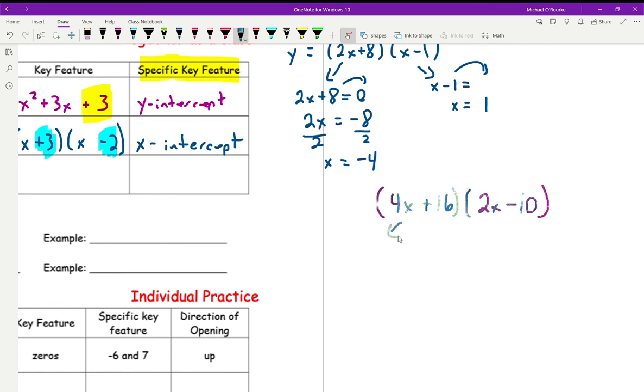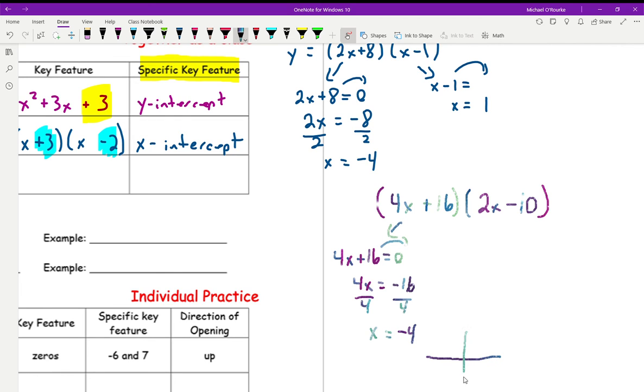So we separate this off. We go 4x plus 16 equals 0. Move it over. 4x equals negative 16. Divide by 4. X equals negative 4.